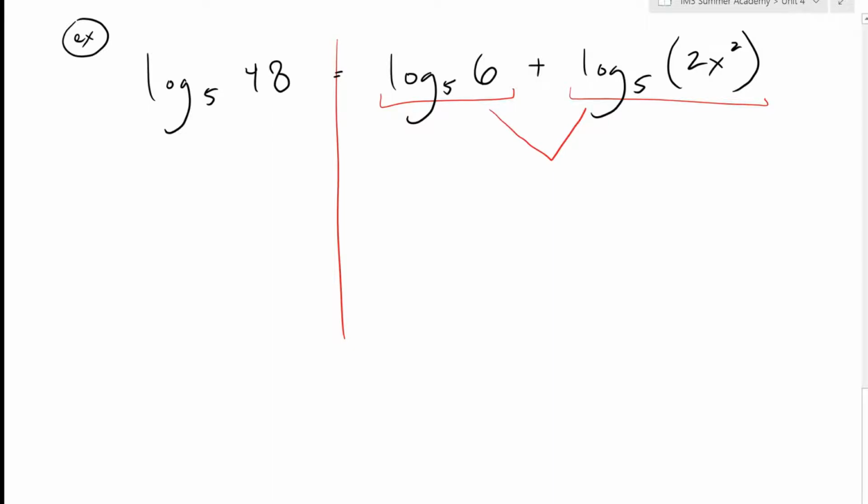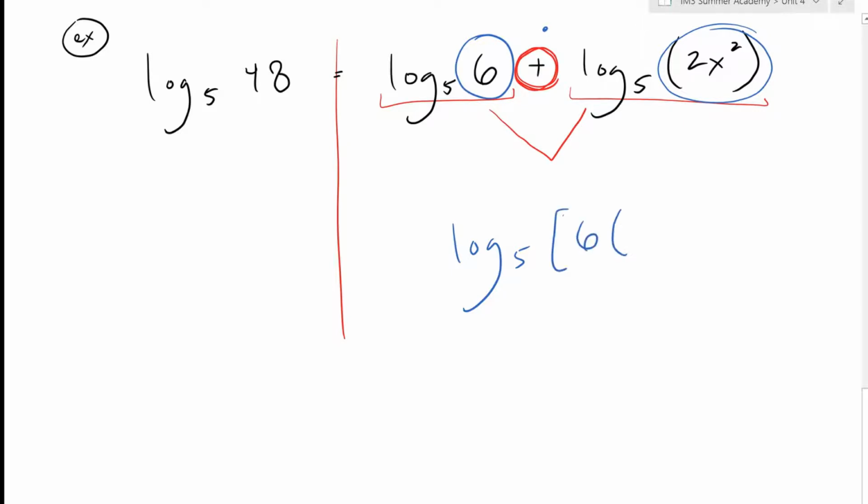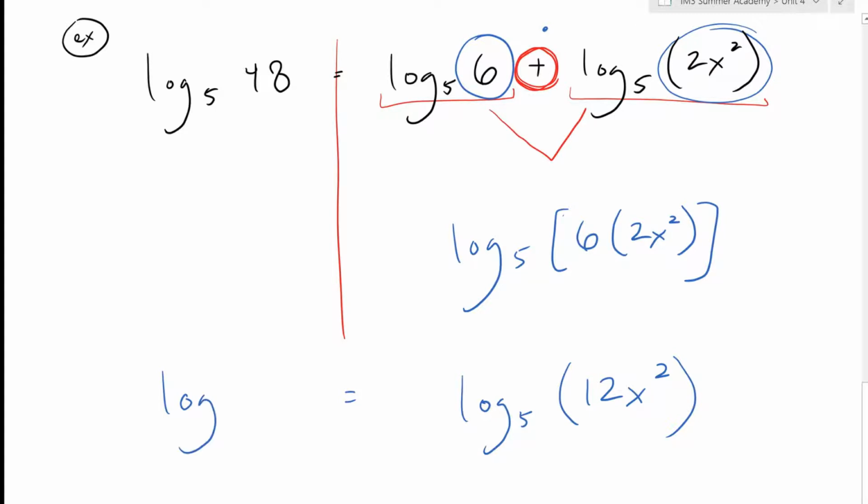So I look at it, we've got addition, that's going to become multiplication. So we're going to have 1 log base 5. This times this. So I'll break it up. 6 times 2x squared, all in there. So really that's going to be log base 5 of 12x squared. Still equal to this side, which we didn't need to change at all.